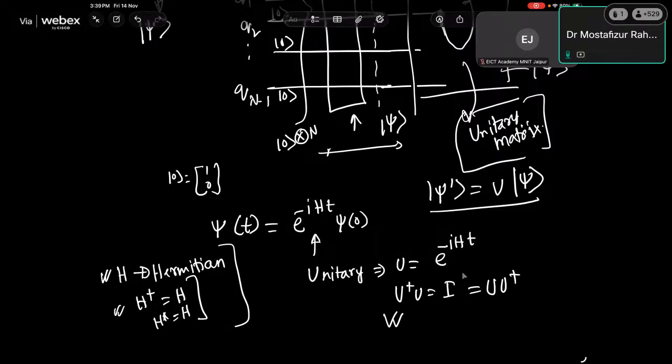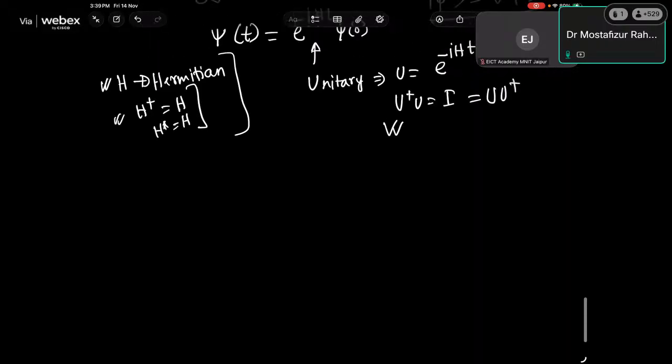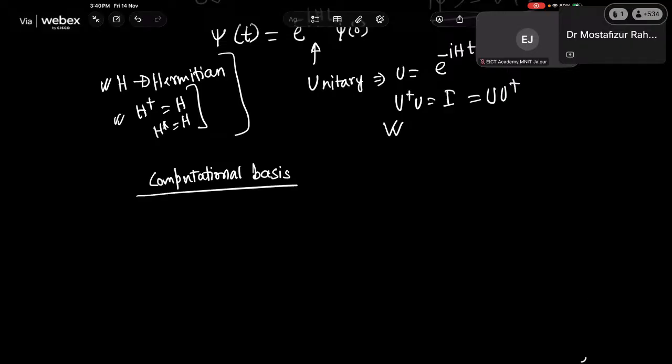So now let us go back a little bit again to the algebra side, and let us understand a little bit more on the computational basis.